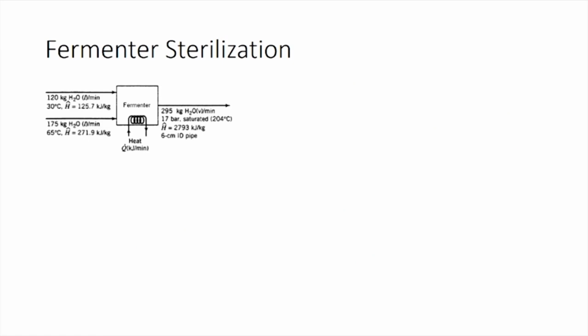The next term we need to calculate is the change in kinetic energy. As we are assuming the kinetic energy of the inlet streams is 0, calculating the kinetic energy of the exit stream will give us the total change in kinetic energy. For calculating the kinetic energy of the exit stream, we need to calculate the velocity. For that we need to calculate the volumetric flow rate divided by the cross sectional area.